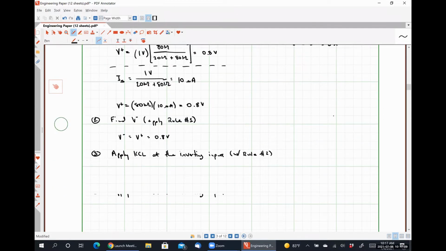0.8 volts over 1 kilo ohm. All right, 0.8 volts divided by 1 kilo ohm. Perfect. What is the current flowing to the right through the 5 kilo ohm resistor?